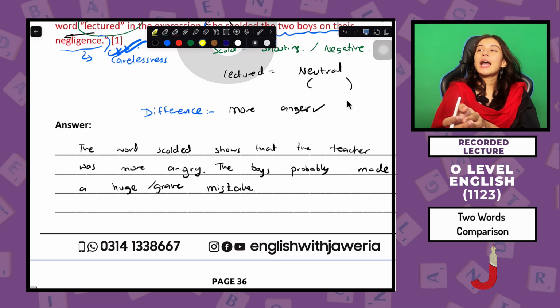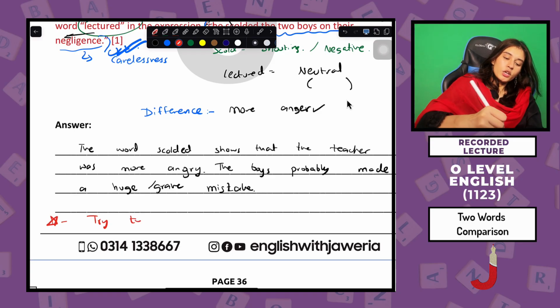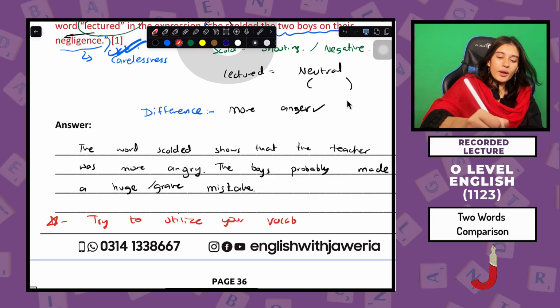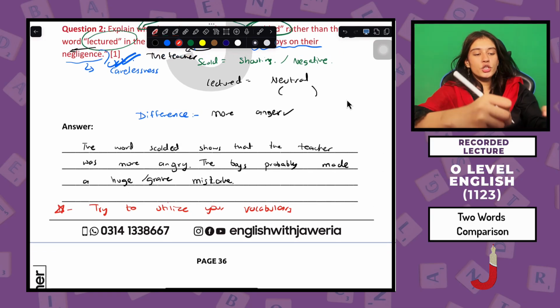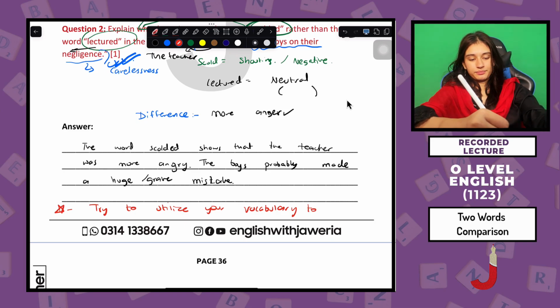Alright? And that is good. Remember, this is your use of language question. So try to utilize your vocabulary to the maximum. When you're writing your answer, don't use the same words as those given in the question.